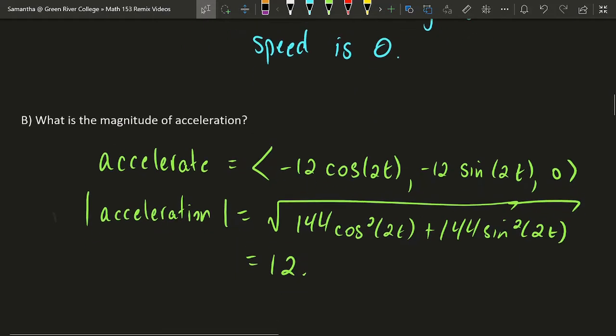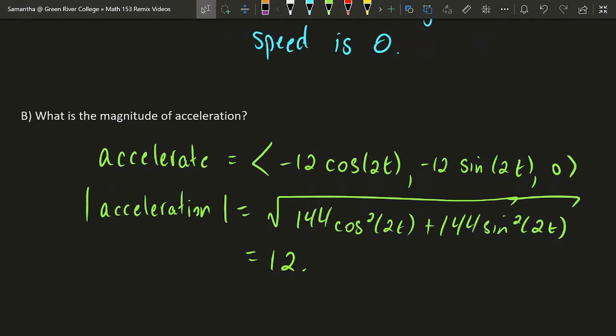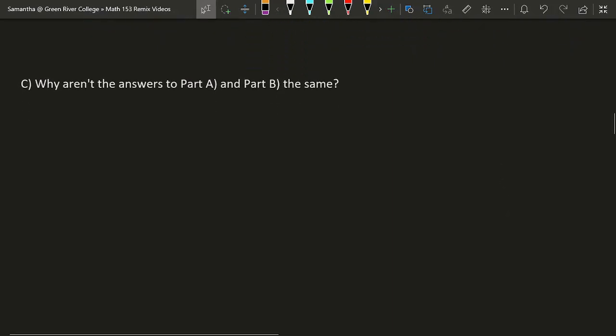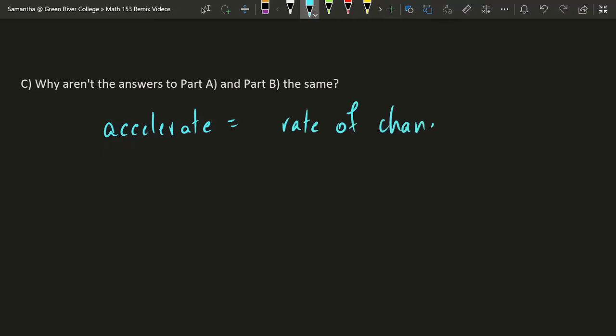So if this acceleration is not causing the object's speed to change, what is this acceleration changing? The answer is that the acceleration represents the rate of change of the object's velocity. And velocity has two components to it. The velocity contains information about the object's speed, sure.